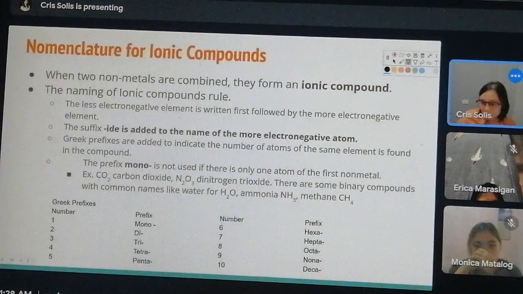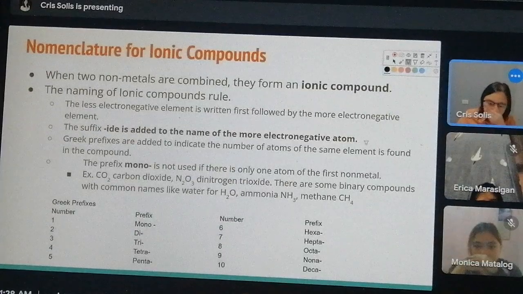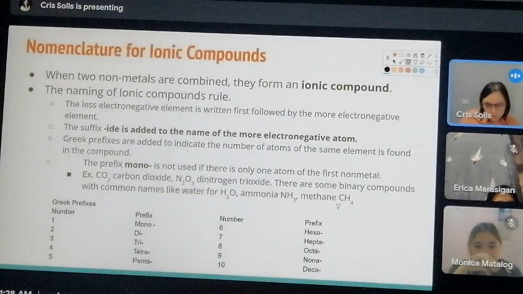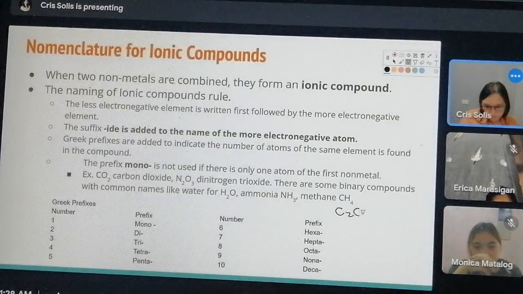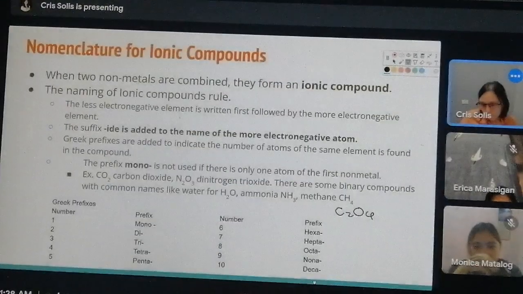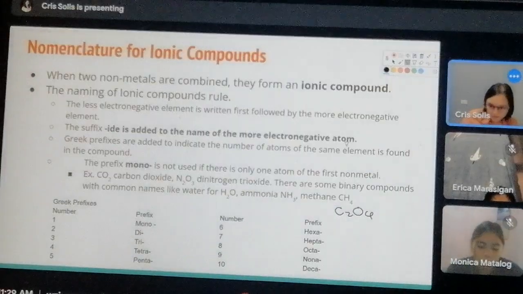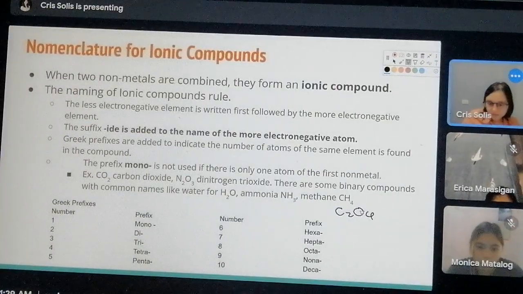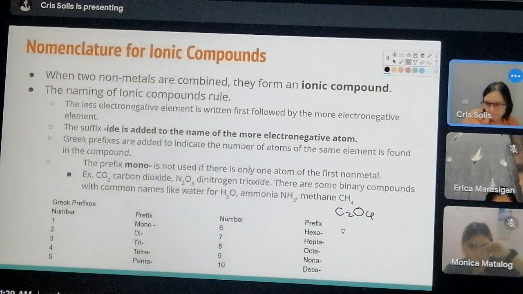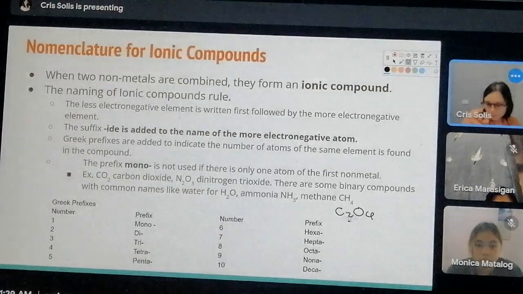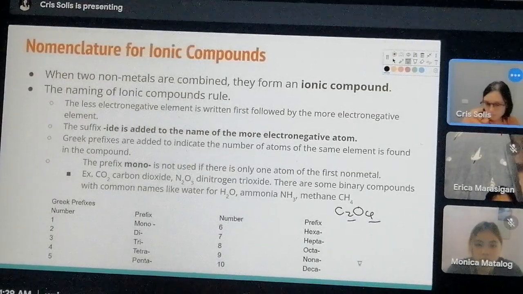Kaya na to? Sige nga. Anong basa dito? We have the subscript of 2, subscript of 6.